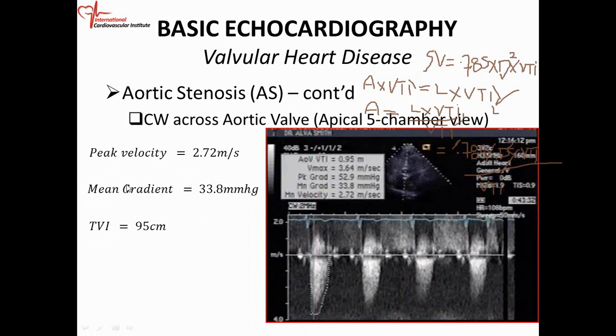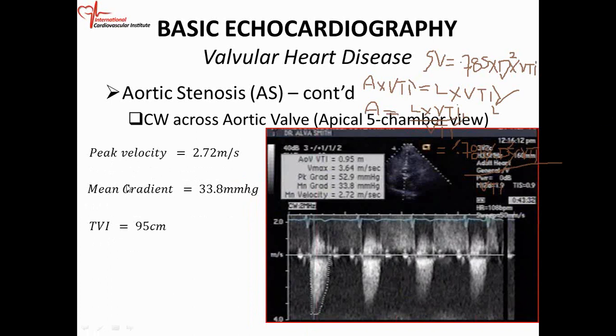When you're doing anything that involves evaluation of velocity, you have to use multiple windows, because you want to get the maximum velocity, especially when you're calculating valve area. If you don't, you're going to have a tremendous amount of errors, and you want to send someone to surgery.